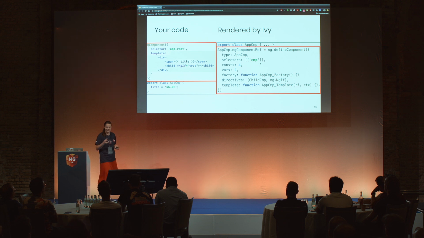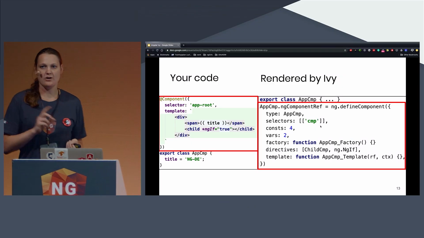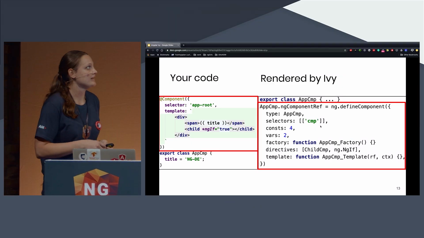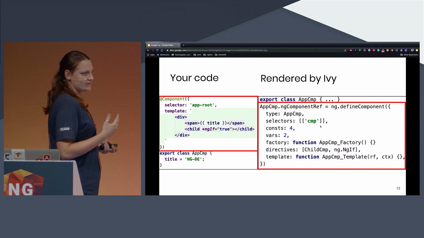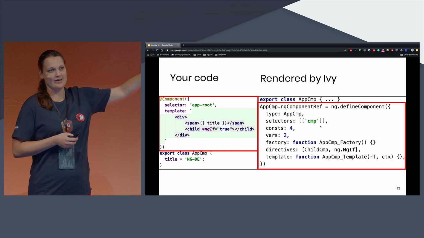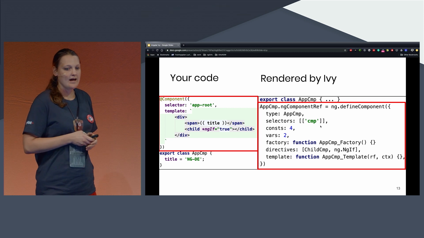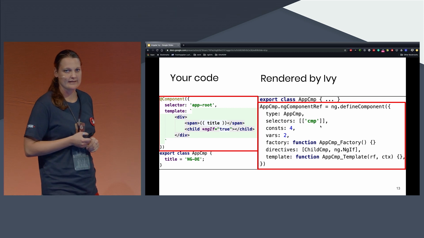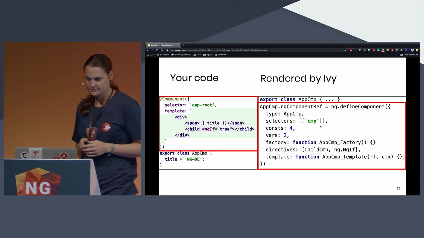Every single time you see an add component or add injector, it will now be compiled to a define component or define injector, where things are written down, like the function, the metadata, selectors, and some other metadata about the whole component.